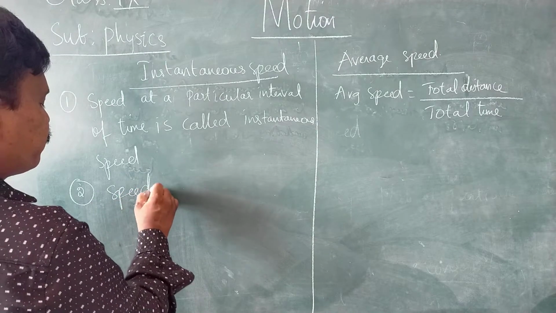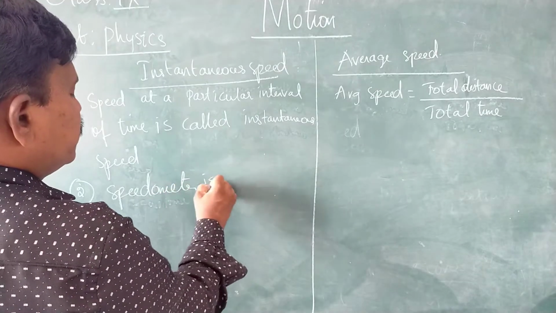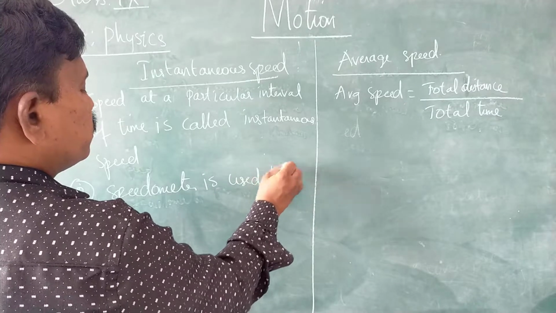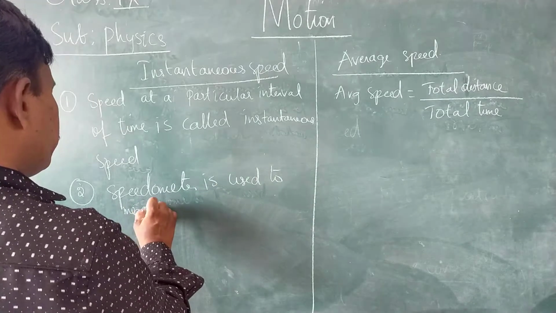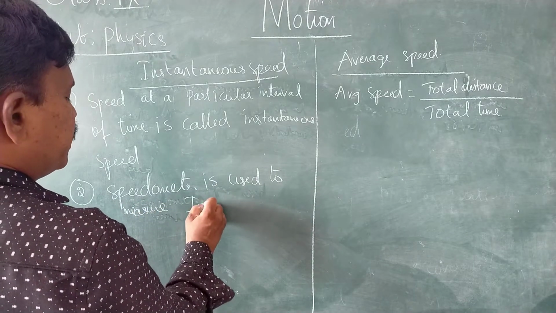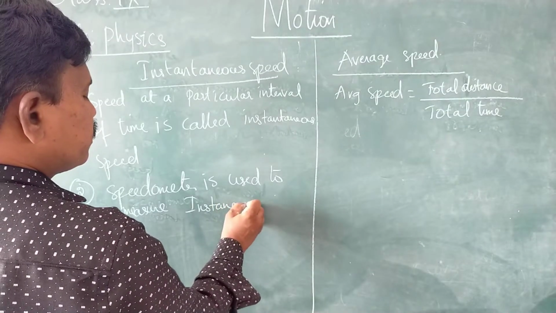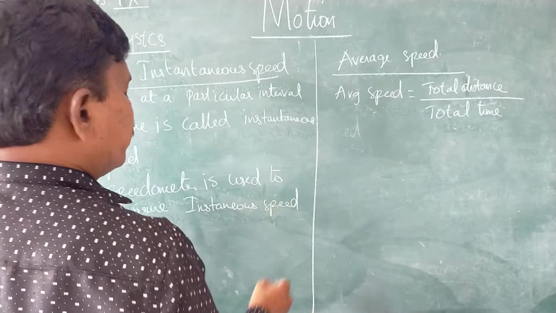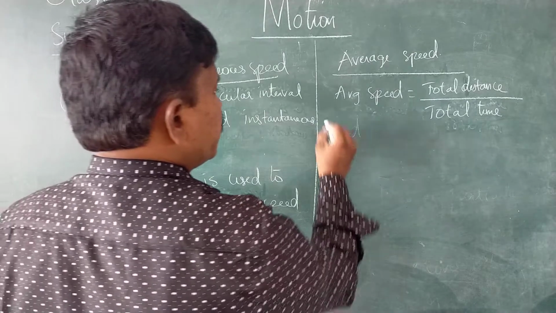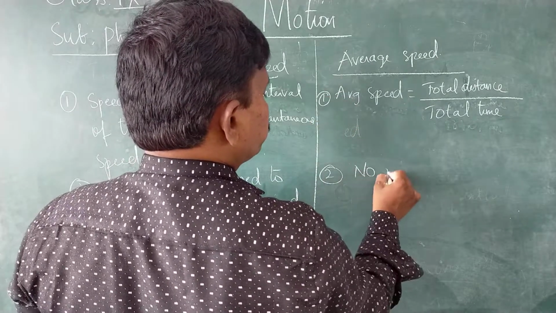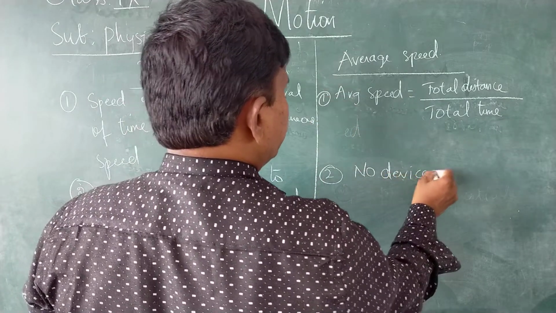Speedometer is used to measure instantaneous speed. Then what is the device for average speed? No device. You cannot measure it with any device.